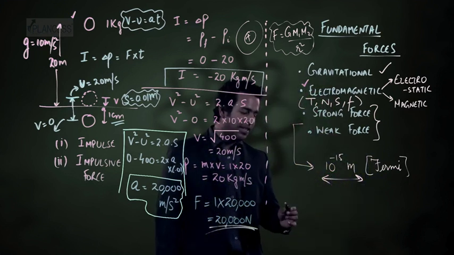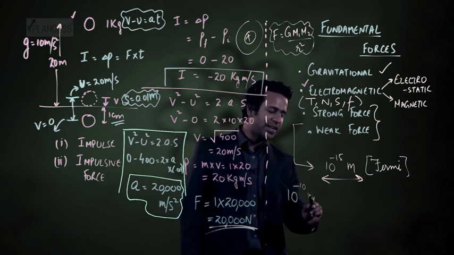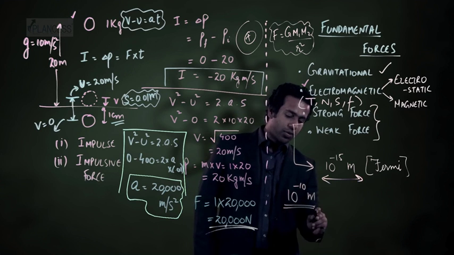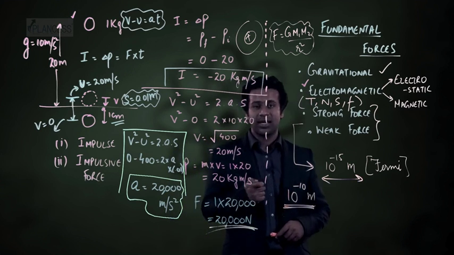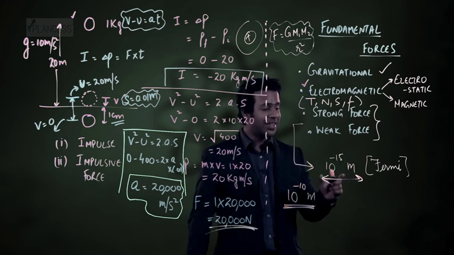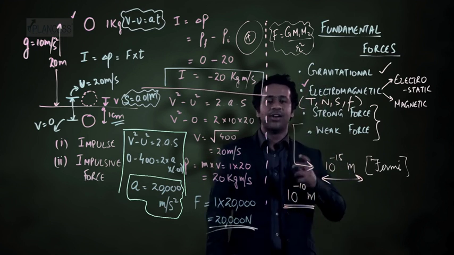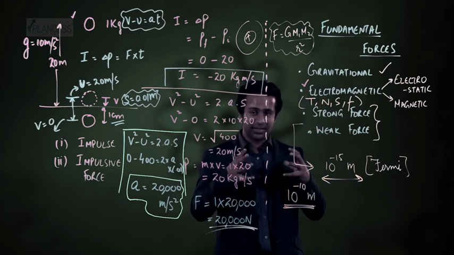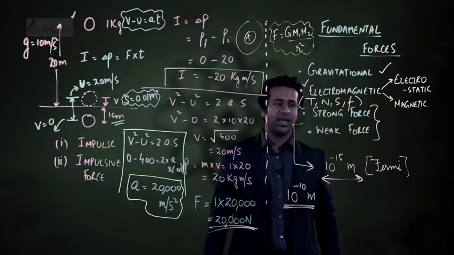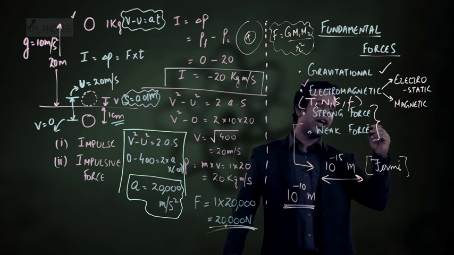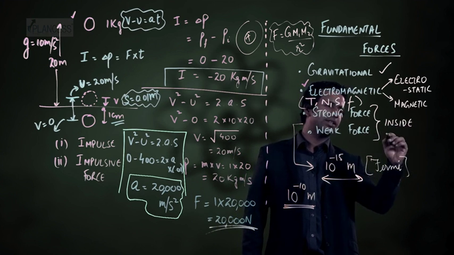An atom is typically of the size of angstrom, which is 10 raised to power minus 10 meters. So understand that we are talking about scales smaller than an atom. This is the size of a nucleus. These forces are not significant at a distance more than the order of 10 raised to power minus 15 meters. Hence, these forces are only effective inside the nucleus.